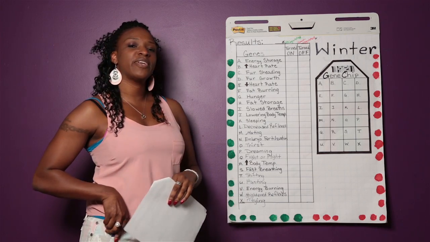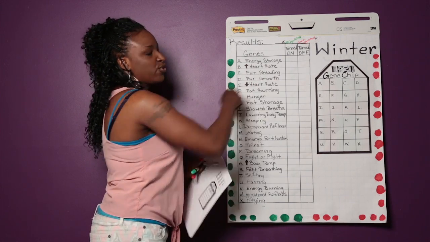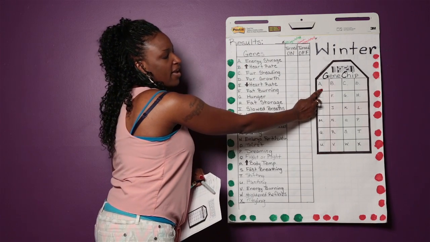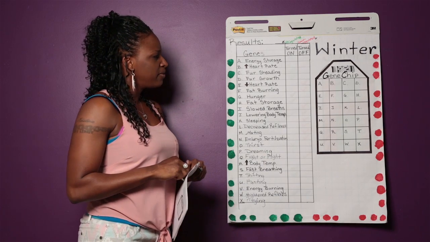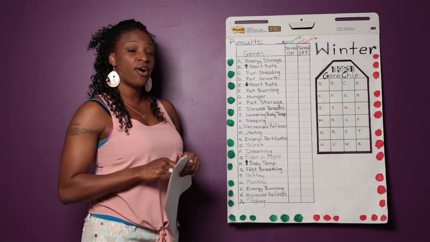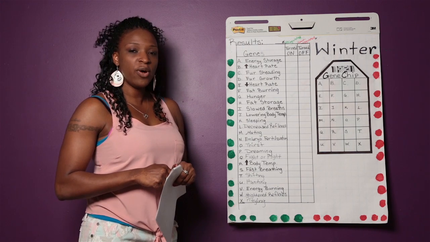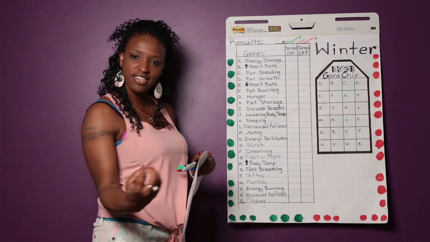So I'll do the first one just so you see. The first one says energy storage. So this is gene A. It actually corresponds with the A on your microarray chip. So I would say energy storage would need to be turned on during the winter, because we don't want to burn. Bears would not want to burn energy in the winter.